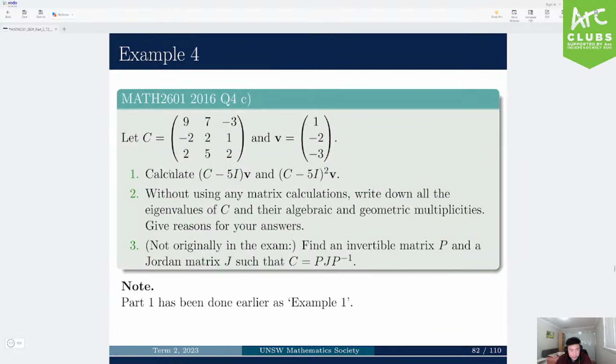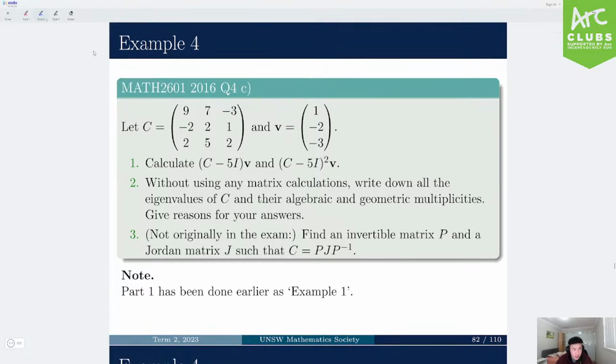In our previous work, we found that (C - 5I) squared v was actually the zero vector, and what this tells us is that v is a generalized eigenvector.